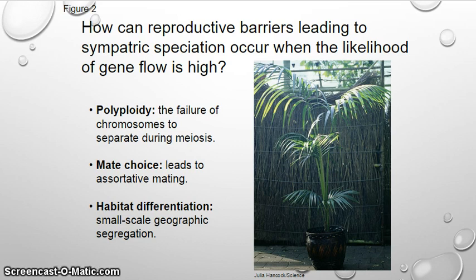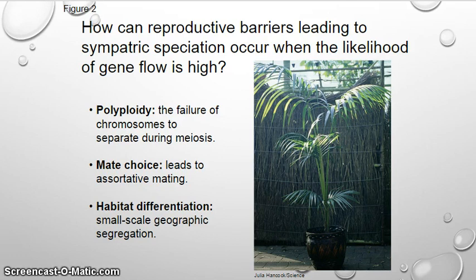In the case of polyploidy, the chromosomes fail to separate during meiosis, and this would lead to prezygotic barriers, because when those gametes go to fuse in fertilization with other gametes, there are not the correct number of chromosomes, and therefore failure occurs.